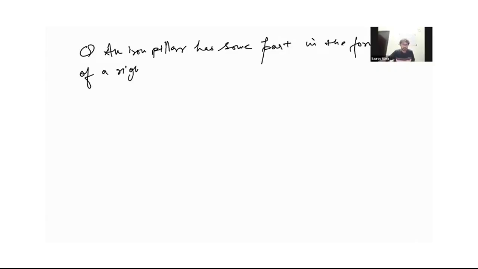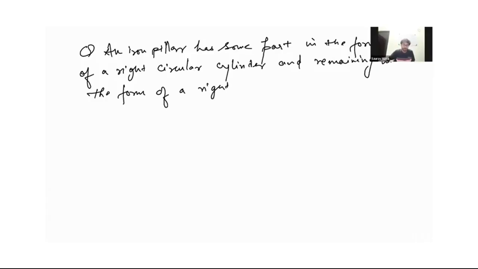An iron pillar has some part in the form of a right circular cylinder and the remaining in the form of a right circular cone.